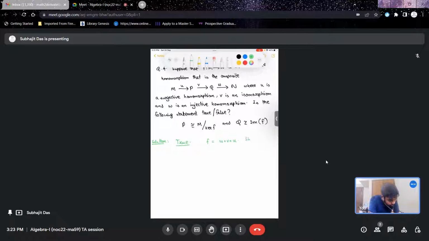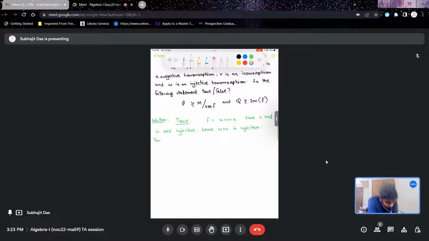Since V and W are injective, they are monomorphisms in particular. V is an isomorphism, hence in particular an injection. W is clearly given to be an injection, hence W composed with V is injective.